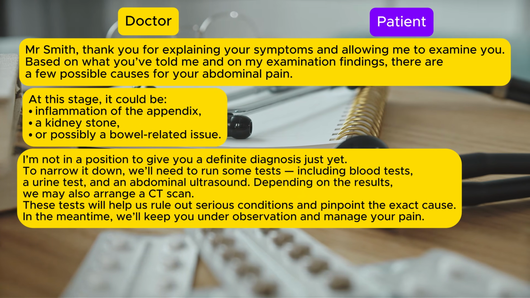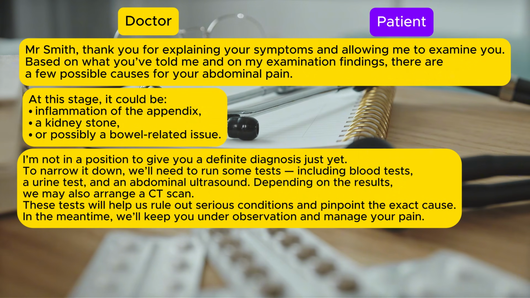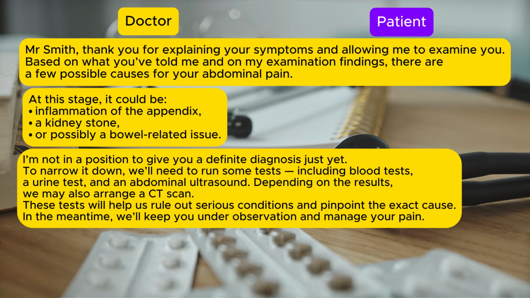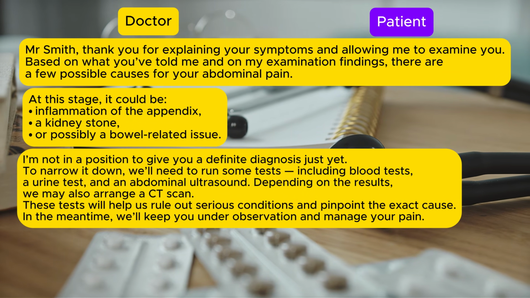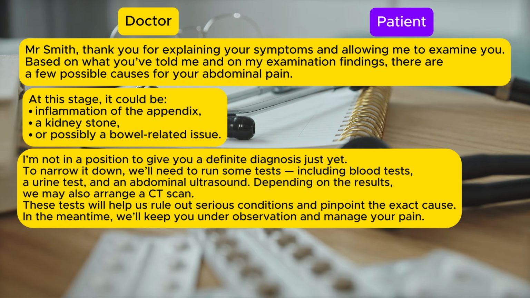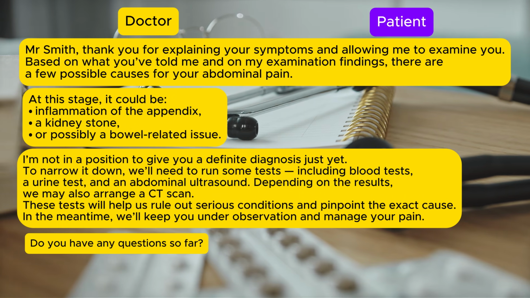To narrow it down, we'll need to run some tests, including blood tests, a urine test, and an abdominal ultrasound. Depending on the results, we may also arrange a CT scan. These tests will help us rule out serious conditions and pinpoint the exact cause. In the meantime, we'll keep you under observation and manage your pain. Do you have any questions so far?